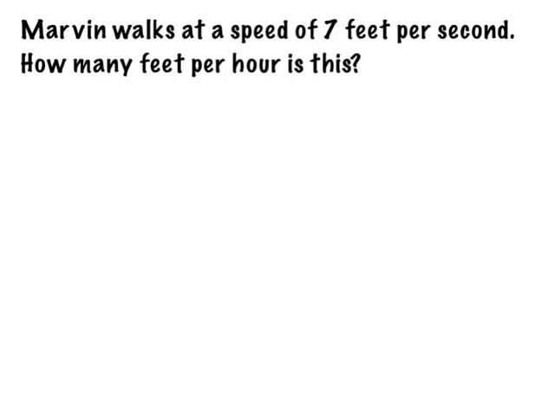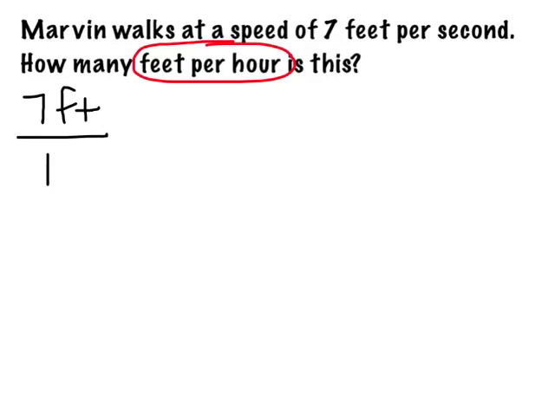This last example requires an extra step. Marvin walks at a speed of 7 feet per second. How many feet per hour is this? So we're looking for feet per hour, and what we get is 7 feet per second. So I want to go from seconds to hours. What do I want to get rid of?